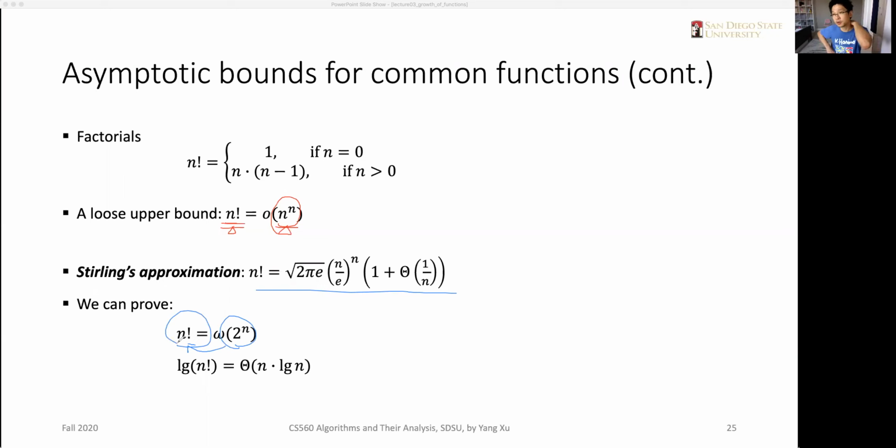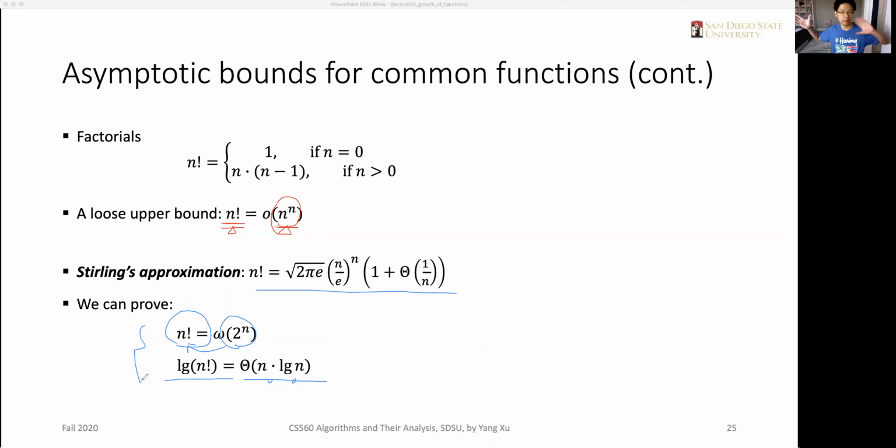So the factorial of n is itself an insanely fast function, growing even faster than an exponential function. But the good news is that if we take the logarithm of the factorial of n, we will have big theta of n times log n.